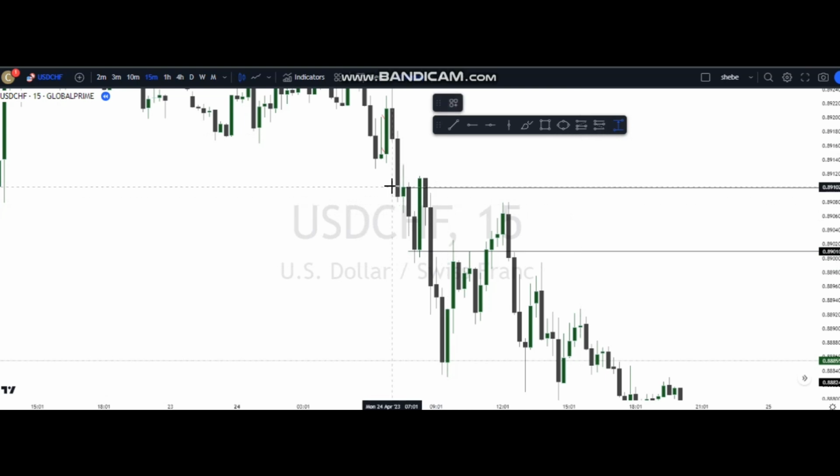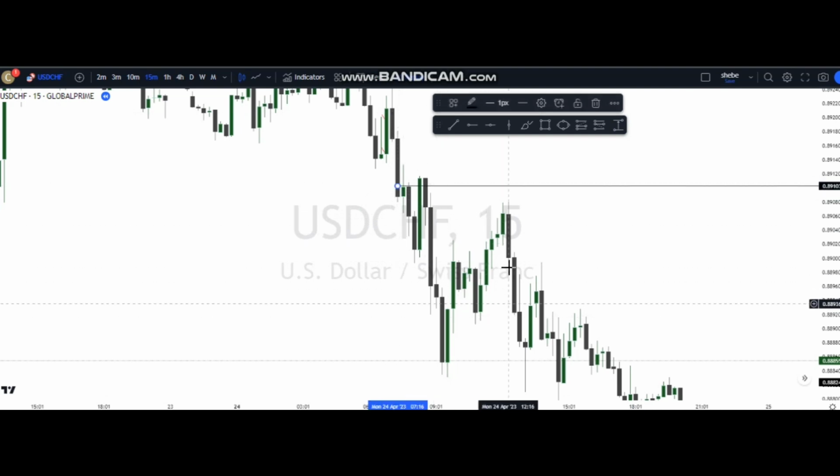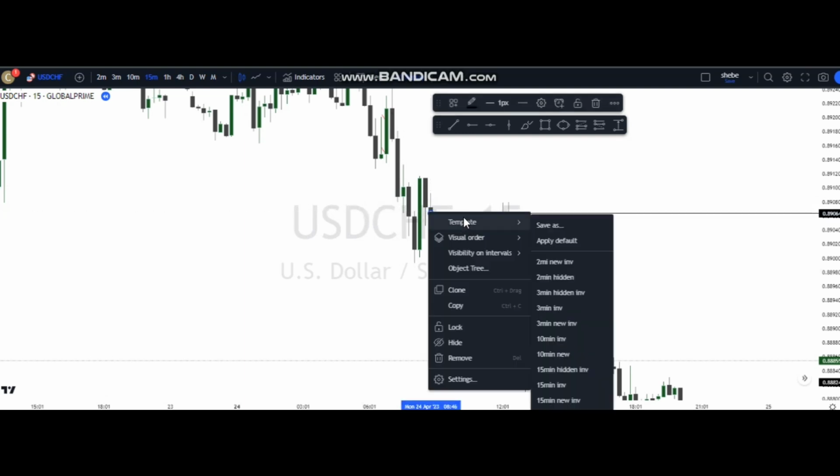For more clarification, just measure it, more than a pip. So what next? We call this one our invalidation point here, this point. But the same applies. When the price came, it did not come to test this point. It just ended here. Hence, making this one our 15 minutes new invalidation point.